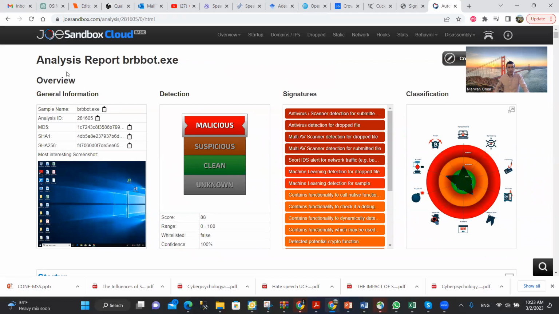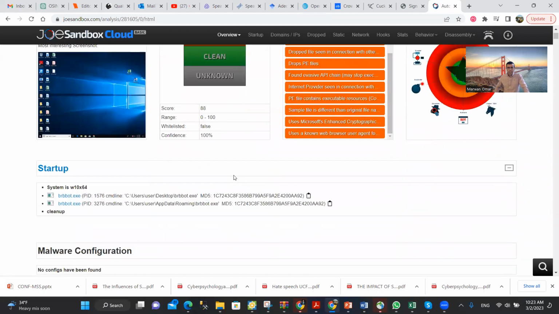So we have an analysis report and we're looking at the sample name, which is called brbot.exe, and we're looking at the MD5 hash, then the SHA-1, SHA-256. If we scroll down, we can see here that at the startup, brbot.exe starts, and it has a process ID of 1576.